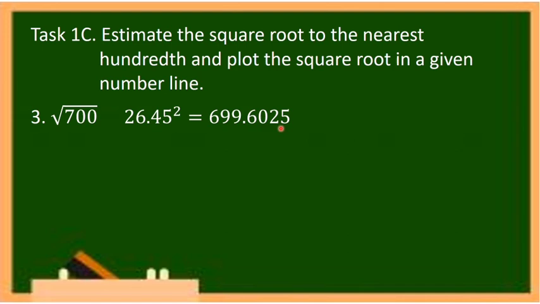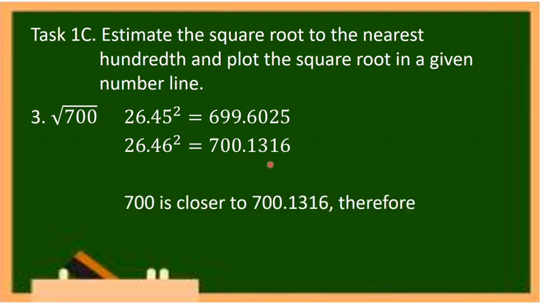The next decimal number to the hundredths place is 26.46. The square of 26.46 is equal to 700 and 1,316 ten thousandths. So 700 is closer to 700 and 1,316 ten thousandths. Therefore, the approximate square root of 700 is equal to 26 and 46 hundredths.